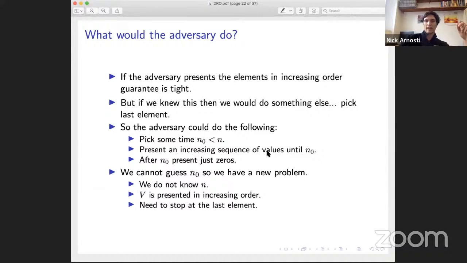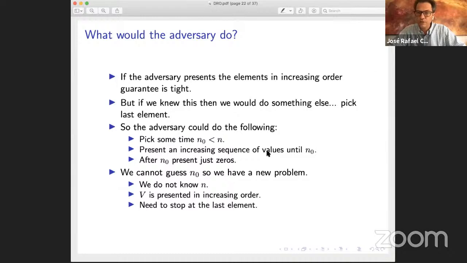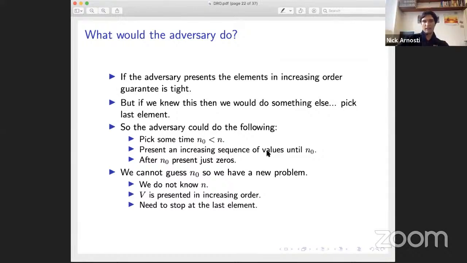So you're saying n0 is not a choice of theirs? n0 is also a choice of the adversary, right? I thought the adversary chose the values alpha 1 to alpha n, and the order. Yes, exactly.